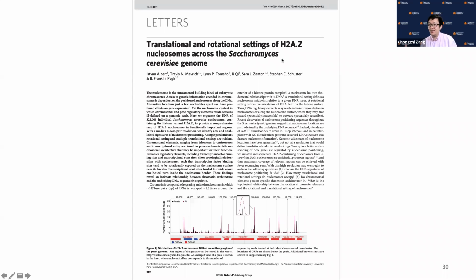They didn't give it the name ChIP-seq, but the idea is essentially the same. They used immunoprecipitation to capture the H2A.Z nucleosome, and then used next generation sequencing technology to sequence the DNA fragments associated with the H2A.Z nucleosome. So fairly speaking, this was actually the first ChIP-seq, or the first use of sequencing technology to study protein-DNA interaction.